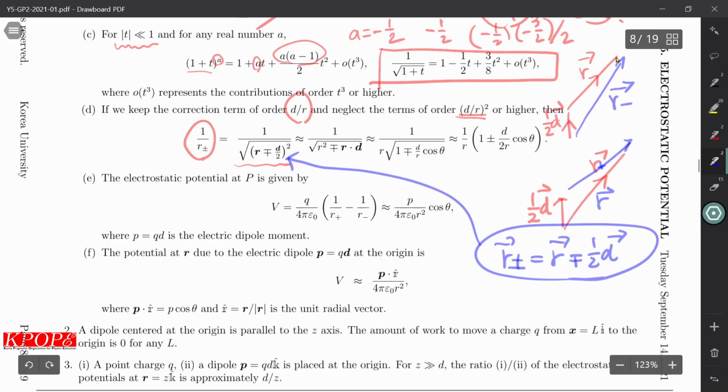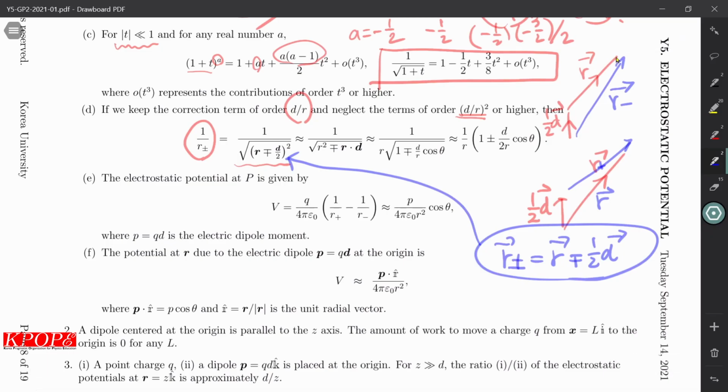So, if we expand this one, we have r squared minus plus r dot d. We have neglected the d squared term. And then we factor out the absolute value of r, then the expression becomes like that.